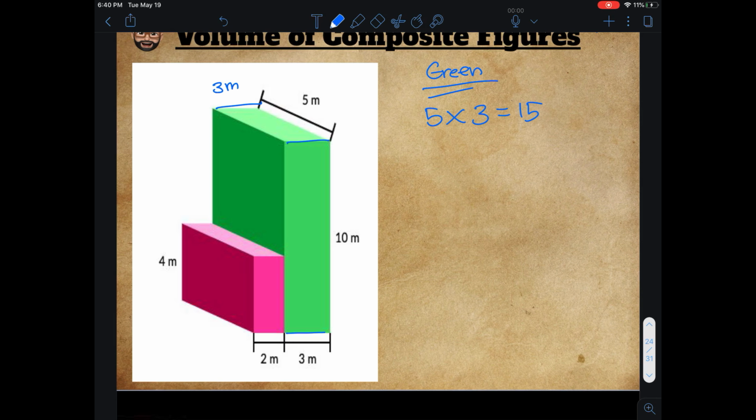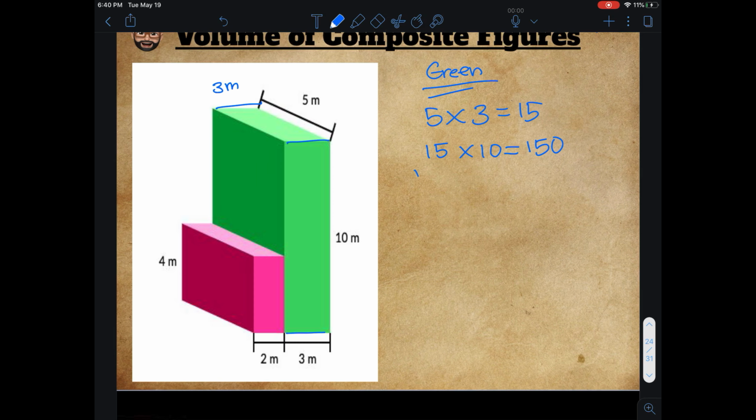Last piece of this: I have length times width, and now I need to multiply this times the height. The height of this green rectangular prism is 10 meters. So I've got 15 times 10, which gives me 150.